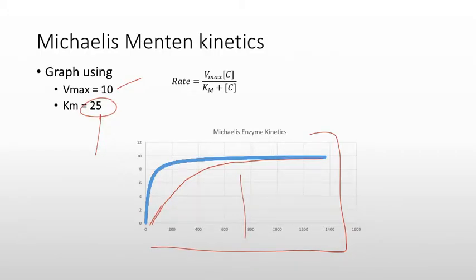Now, high Km, you might say, oh, well, that would require a much higher concentration of a drug to get to the maximum response, and that's true. But you also have a lot more control, a lot more fine-tuning whenever the Km is high. If the Km is low, you just add a little bit of drug, and boom, you're at the maximum rate of that drug reaction.